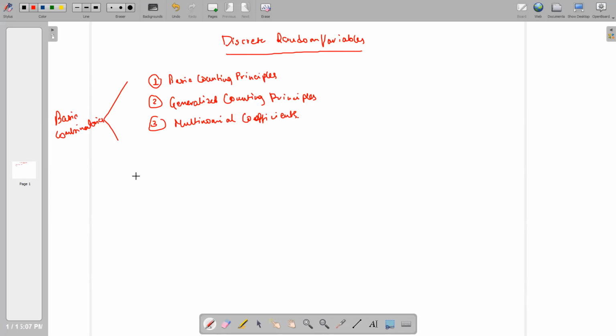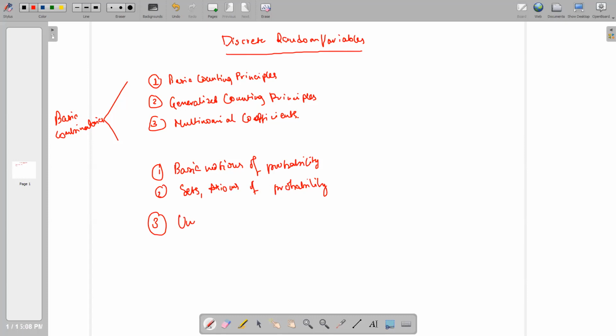Then we'll go to the probability setup, so the basic notions, then sets and axioms of probability, and finally the uniform discrete distribution. So this will be our basic probability setup.